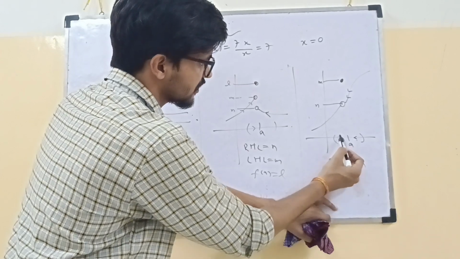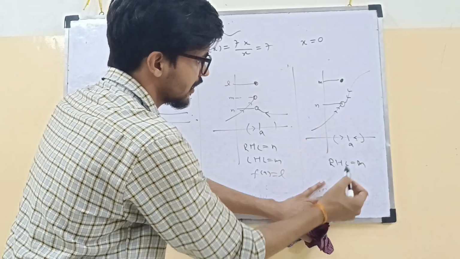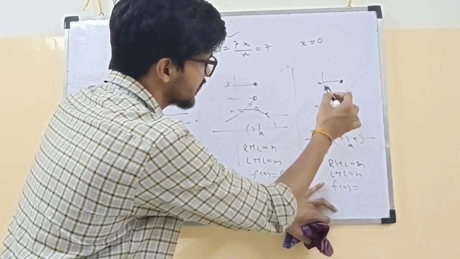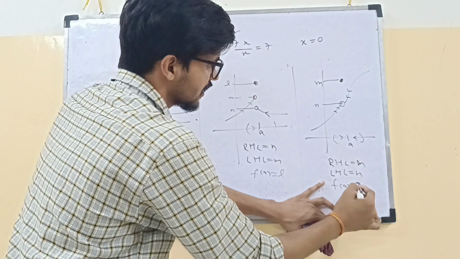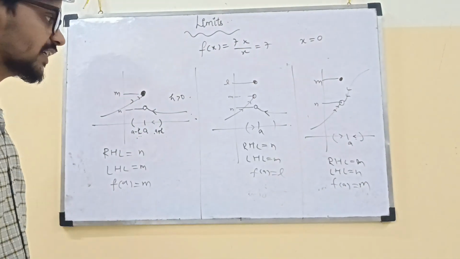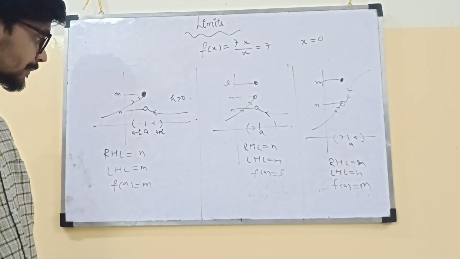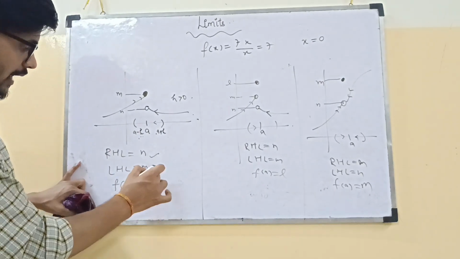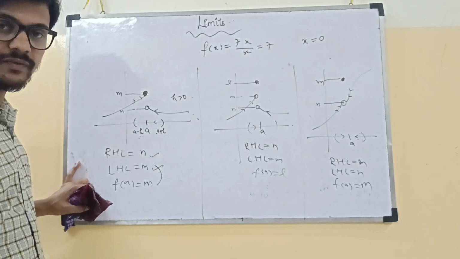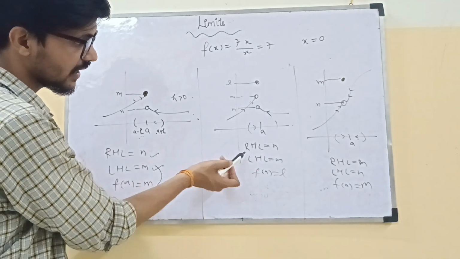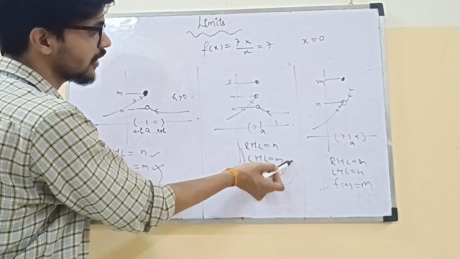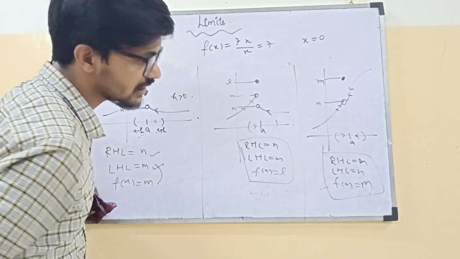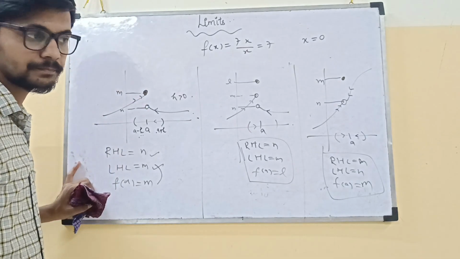Similarly, if you are approaching towards a from the left, your value is again n, so LHL is also n, and the functional value at a is this m. Certainly, in all the three cases you can observe that here LHL and RHL are different, but LHL and f(a), the functional value, are the same. Here also you can see LHL and RHL and f(a) are all different, and here also you can see LHL and RHL are the same, but the functional value is different.